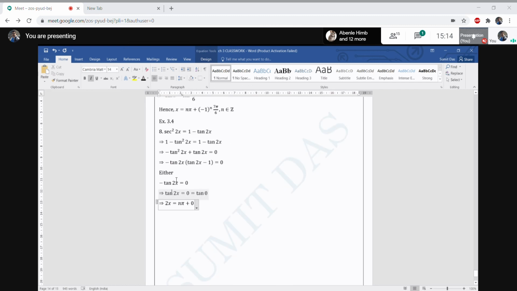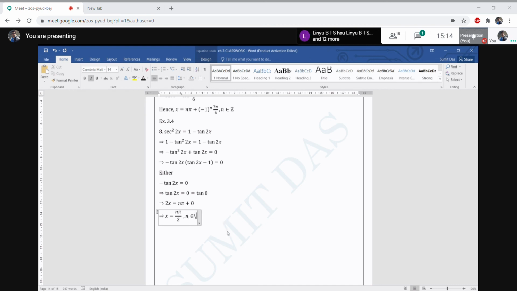Here x is 2x, so it is not an odd multiple. Here tan y value is 0, so 2x equal to n pi plus y. So that implies x equal to n pi divided by 2.